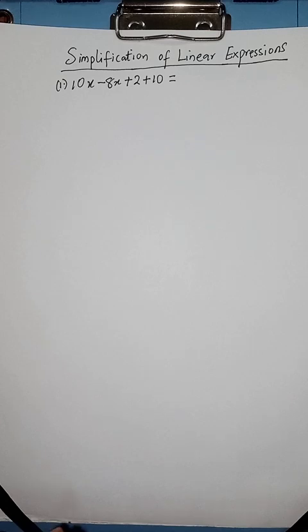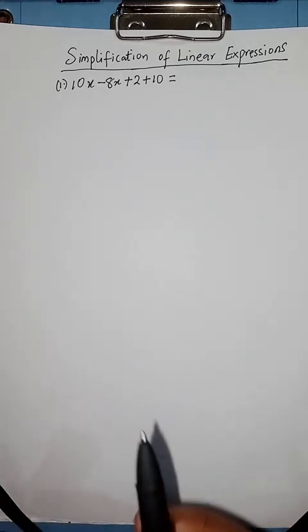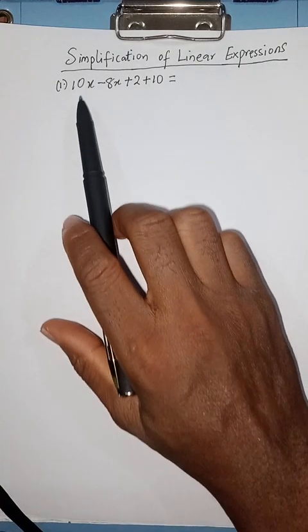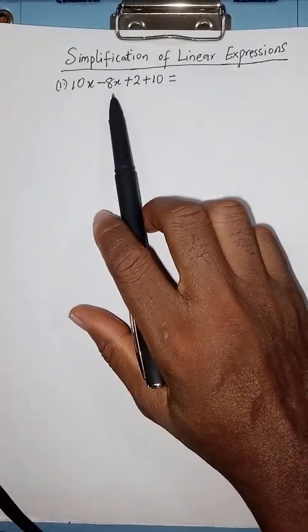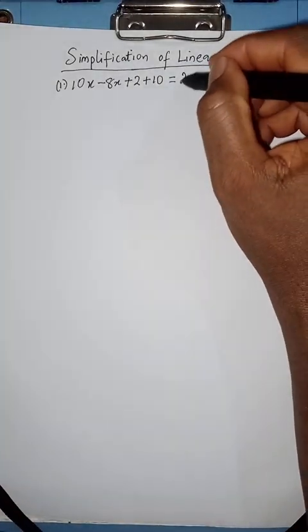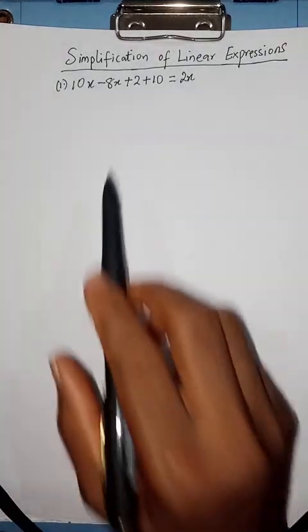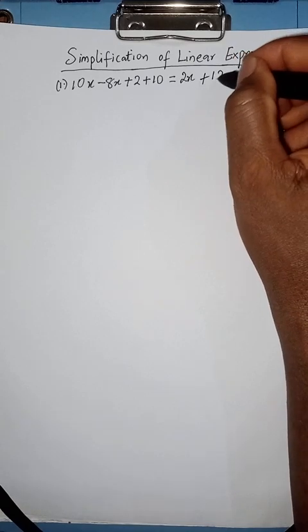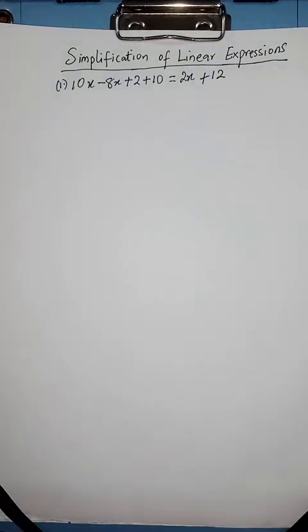The values that have x are taken to one side, and the values without x are taken to one side. So this is easy. 10x minus 8x will give me 2x, and plus 2 plus 10 will give me plus 12. That is the answer to the question.